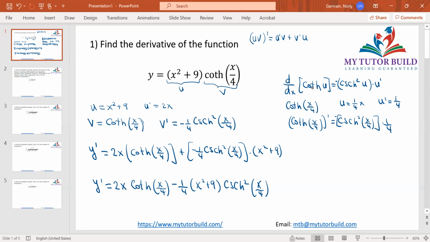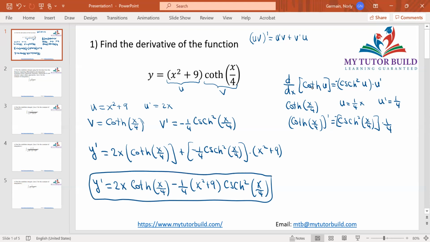So this is the derivative of the function y. We need to always remember that there is a list of formulas that involve the differentiation and integration of inverse hyperbolic functions, or simply hyperbolic functions.